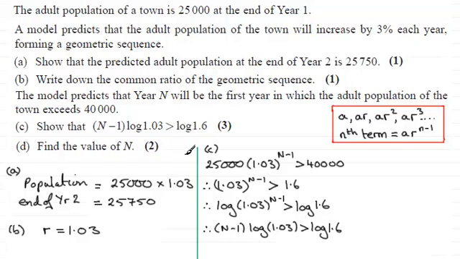And that is what we had to show for the 3 marks. Now in part D, we've just got to continue on and find the value of n. So at this point, if you'd like to pause the video, I'll give you a moment to do that.